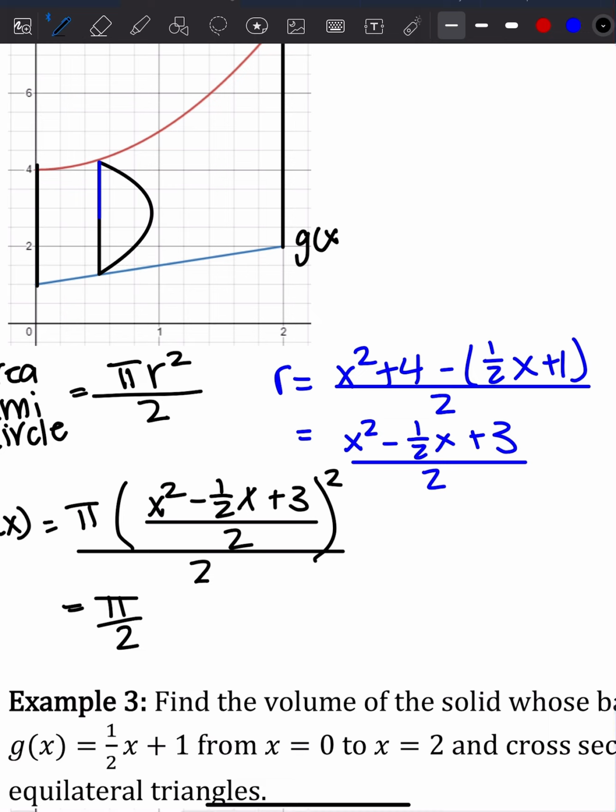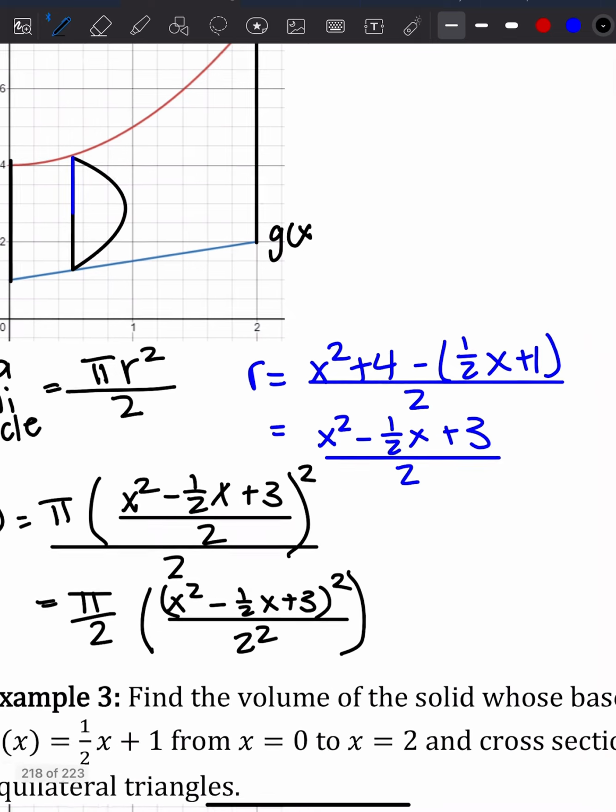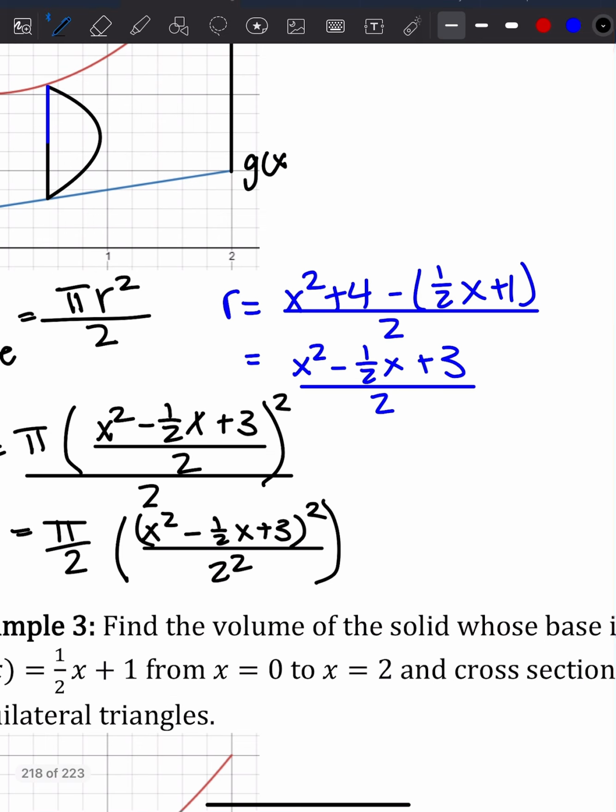The other thing is if I square something that's in parentheses and there's division, that's the same thing as saying, let's square the top, and let's square the bottom. So I could also factor out a 2 squared, which is 4, to take everything out front to have a pi over 8 as a constant that we're dealing with.